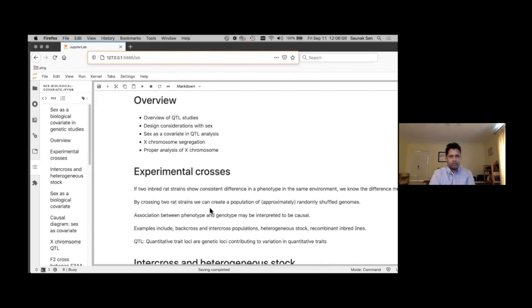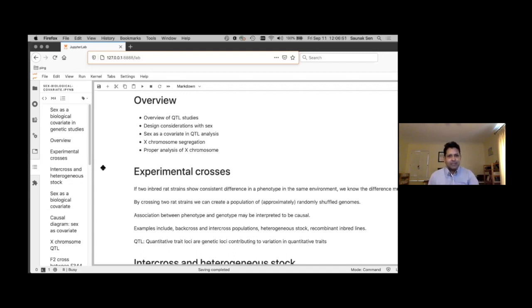In particular, I will do a quick overview of what a QTL study is and how we are thinking of it in terms of causality. I will introduce some causal diagrams, and I think those will be very useful in thinking about the problem, and also will be a preview of what we are going to talk about in greater detail in future lectures. So I'll probably get a little bit ahead of myself, but we'll see.